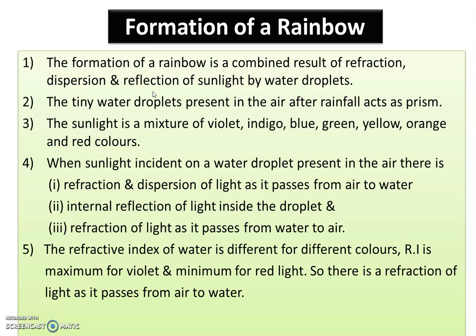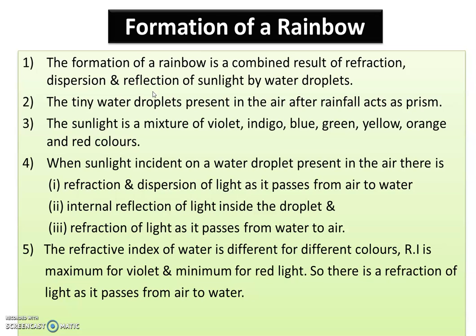So, the tiny water droplets present in the air after rainfall act as a prism, and when sunlight is incident on these water droplets, there is, number one, refraction and dispersion of light as it passes from air to water, means the refraction and dispersion of light take place as the sunlight is going from rarer medium to denser medium.